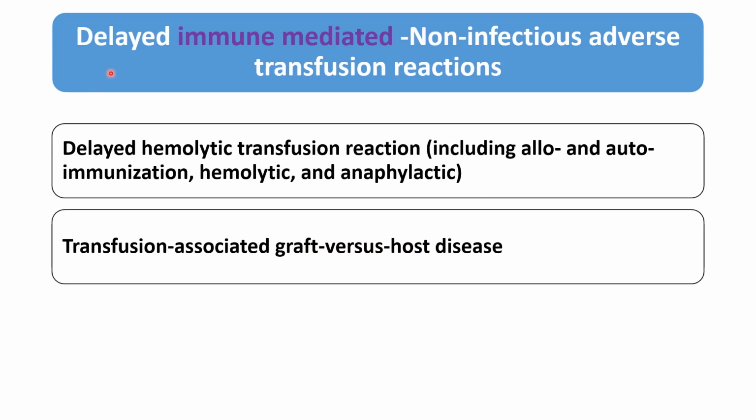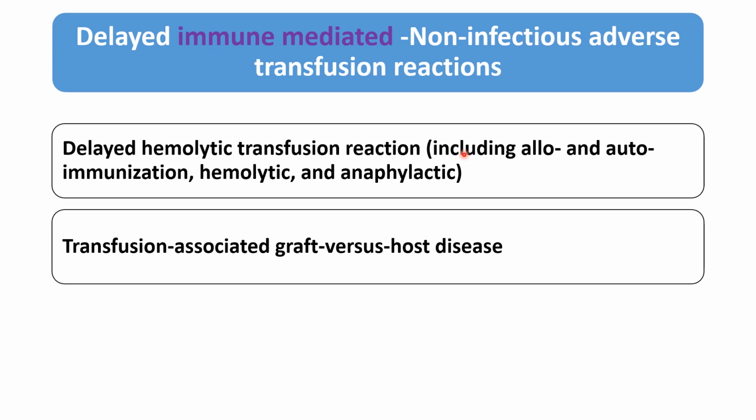Now in the delayed immune-mediated reaction, patient can develop the delayed hemolytic transfusion reaction, in which alloimmunization, autoimmunization, hemolytic reaction, anaphylactic reaction all can occur. Alloimmunization means patient is having antibody to the foreign red cells. Whatever RBC we transfuse, patient is already having antibodies to these.